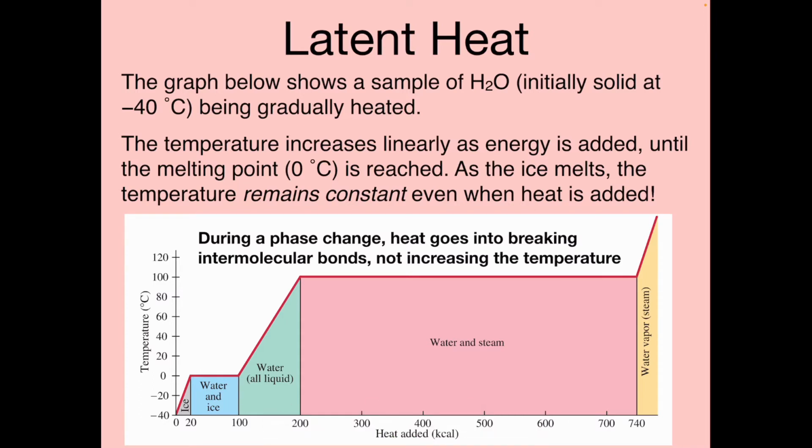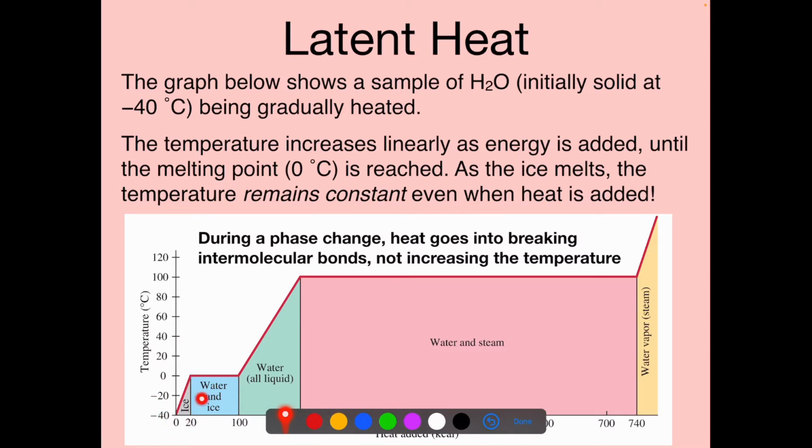Let's take a look at the very start of the graph. The initial temperature is minus 40 degrees Celsius, and we haven't added any heat yet. Let's follow the graph to the right, to see what happens as we add more and more heat to this sample of ice. At first, if you add some heat, the temperature goes up, and the more heat you add, the more the temperature goes up.